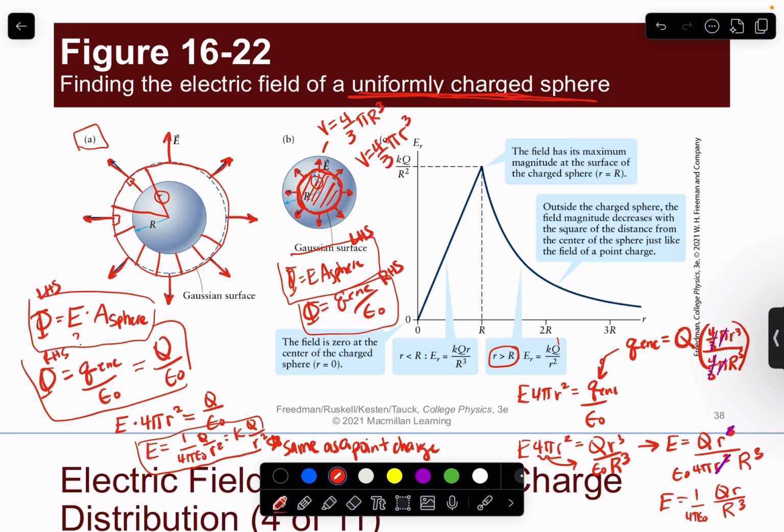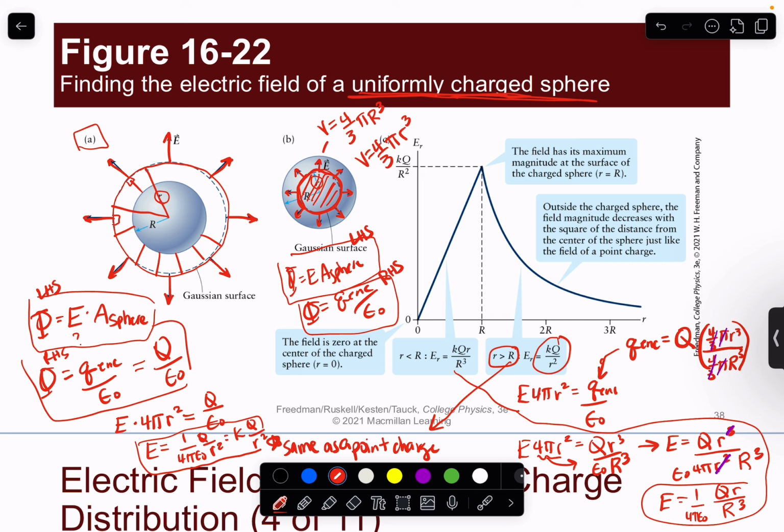But when we're inside the sphere, the electric field is going to be a ratio of the volumes of the charge, because only part of that charge is enclosed in our Gaussian surface, and we end up with this value. So that's how Gauss's law helps us find unknown electric fields.